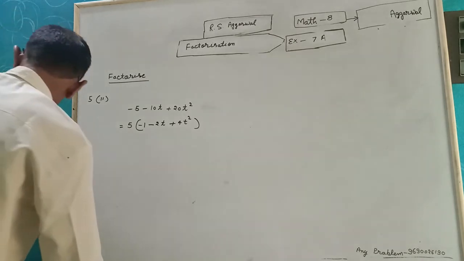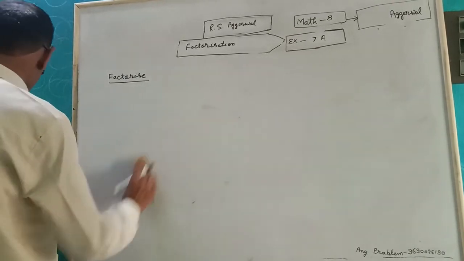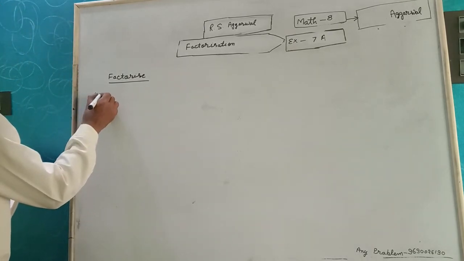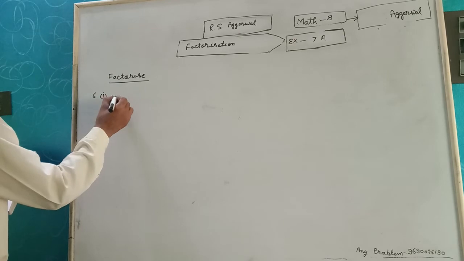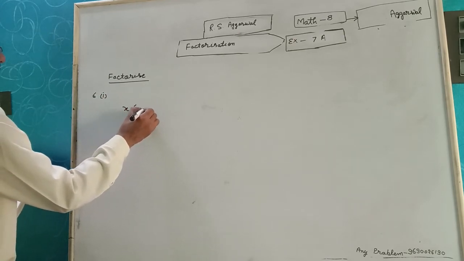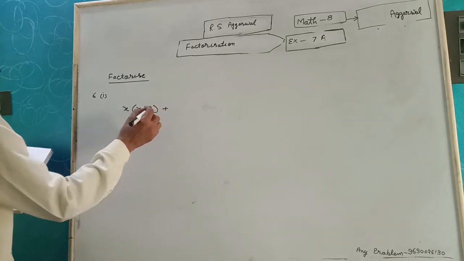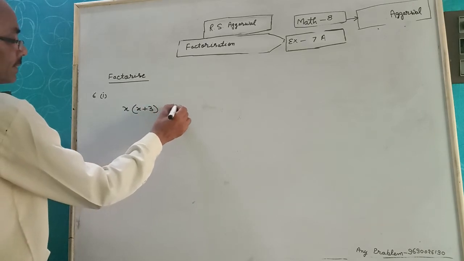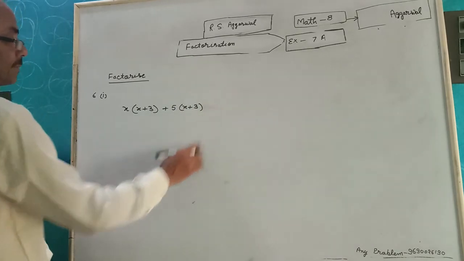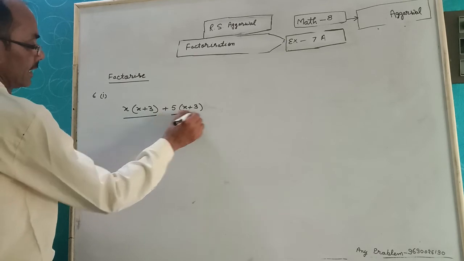Sixth question, first part is x bracket x plus 3 plus 5 bracket x plus 3. Expression has two terms.